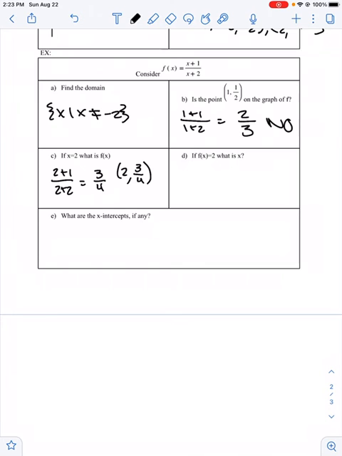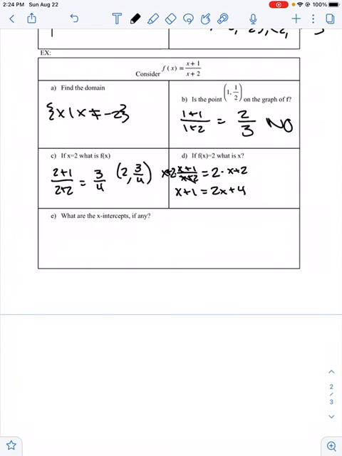If f of x equals 2, what is x? So our y value is 2. So we're going to set our equation equal to 2. So x plus 1 over x plus 2 equals 2. I'm going to start by multiplying both sides by our denominator, x plus 2. We end up with x plus 1 equals 2x plus 4.